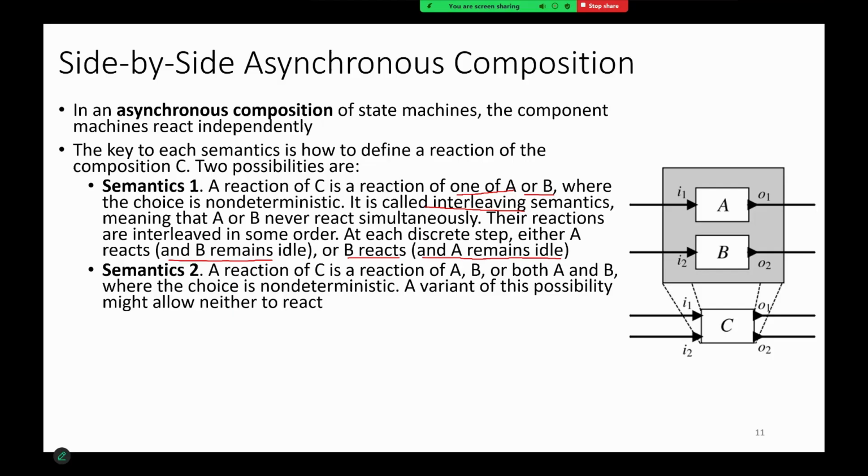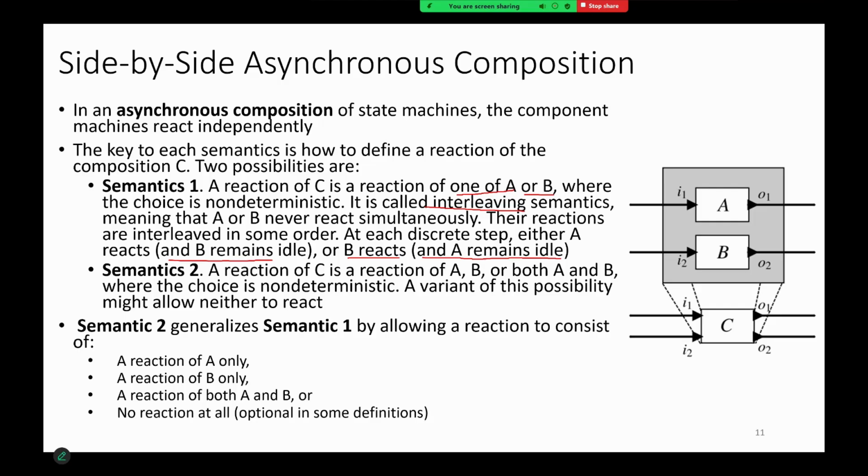So if I would like to comment on the difference between semantic 1 and semantic 2, semantic 2 generalizes semantic 1 by allowing a reaction to consist of A only, B only, both A and B, and in some definitions, no reaction at all. This is semantic 2. Is it clear?